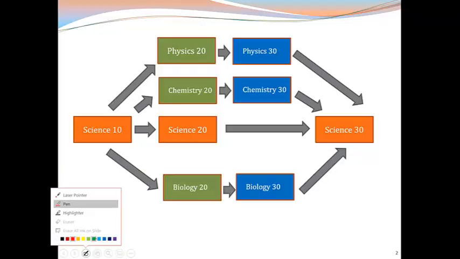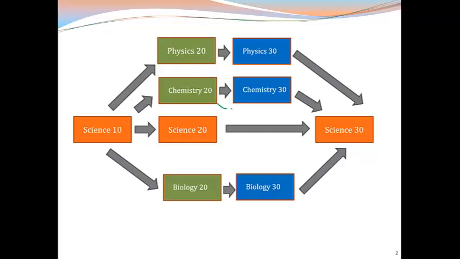So for that student who went straight from Chem 20 to Science 30, that student hasn't taken any physics or biology since Science 10. So a student like that, the physics unit and the bio unit might be really complex.